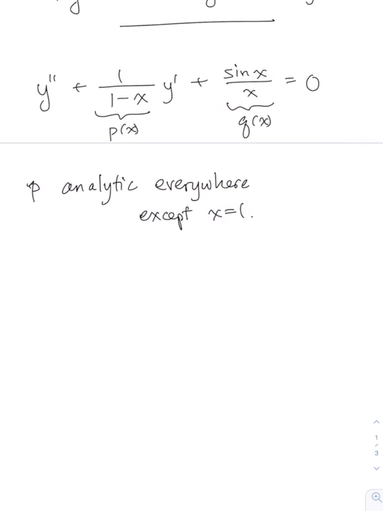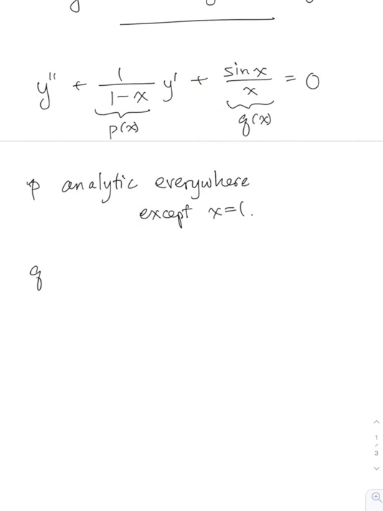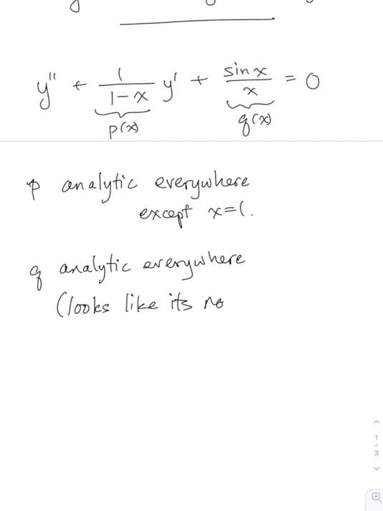And how about q? Q is actually analytic everywhere. And a little weird thing going on there. Maybe we saw that before actually in an example. It looks like it's not analytic at 0. In fact, it looks like it's undefined at 0.